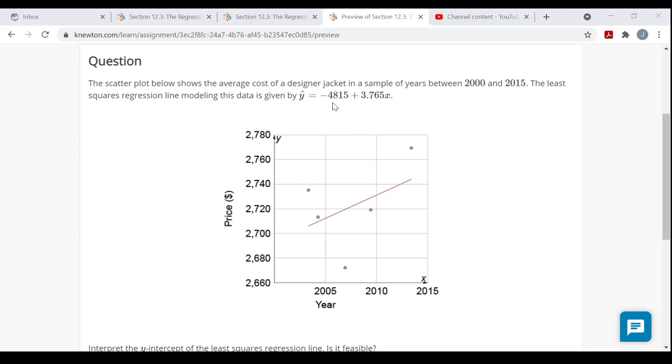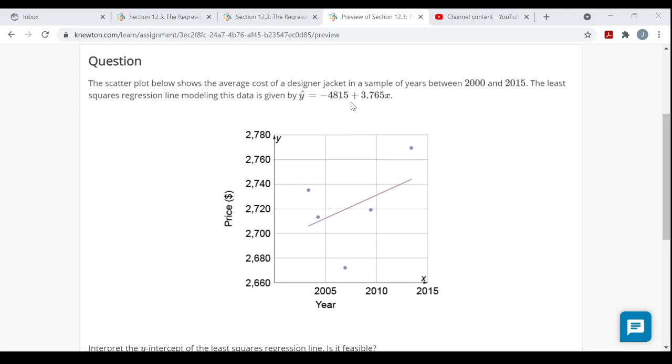Does that even make sense? For the average cost of a designer jacket in a year to be negative? Absolutely not. That makes no sense at all. Remember what y hat represents. Y hat is the predicted average cost of a designer jacket in year x.